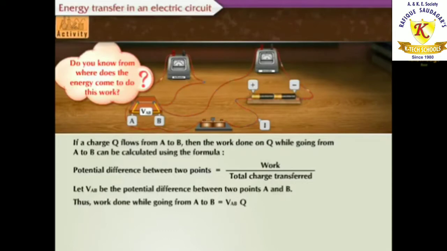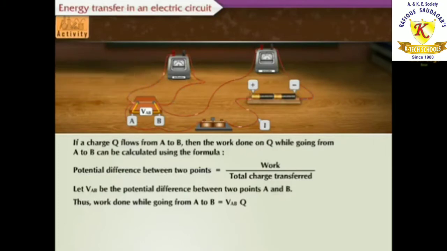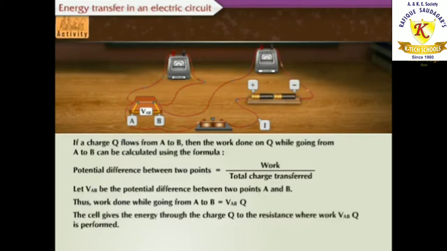Do you know from where the energy comes to do this work? Yes, you are right. The energy comes from the cell connected in the circuit. The cell gives the energy through the charge Q to the resistance where work VABQ is performed.